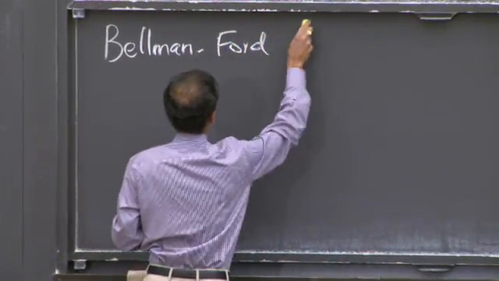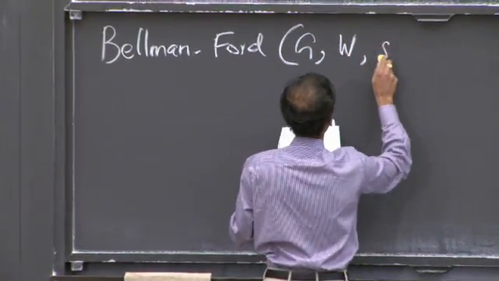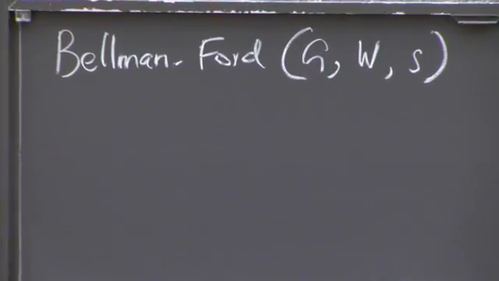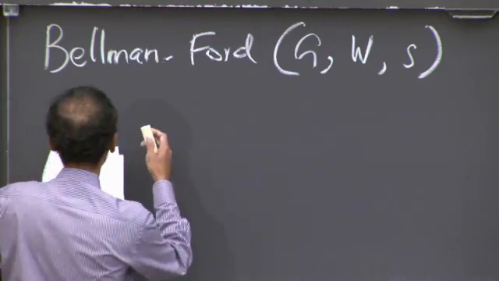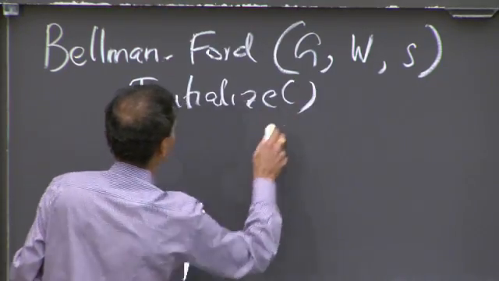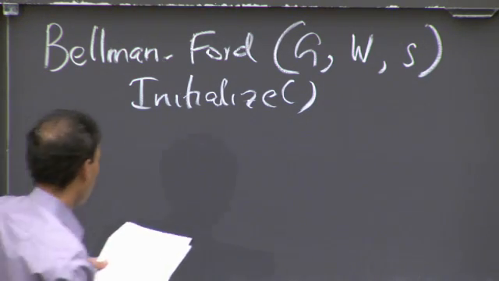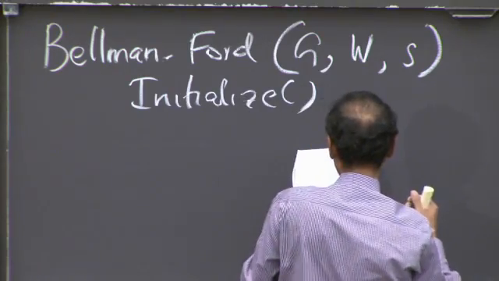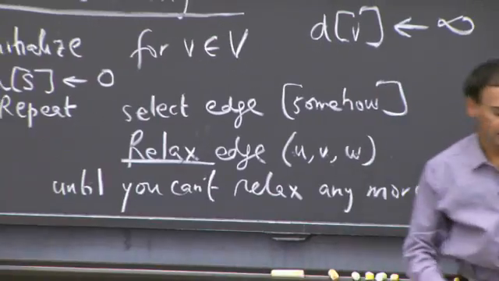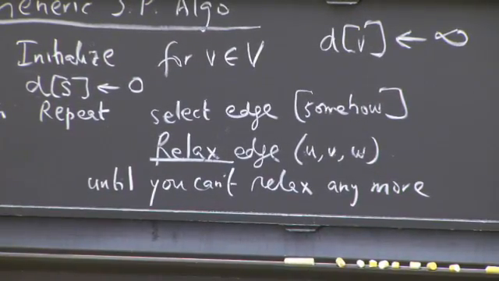So Bellman-Ford takes a graph, weights, and a source S, and you can assume an adjacency list representation of the graph. We'll do some initialization, exactly the same as in the generic case. Set the d values. We'll still be looking at the d values and talking about the relaxation operation.